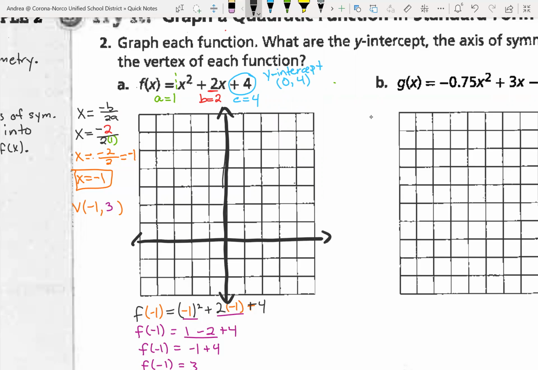The a value is positive and my vertex is at negative 1, 3. So most of my parabola is above the x-axis. So I need to show some room there. So I'm going to graph where x is negative 1 and y is 3, 1, 2, 3. That's my vertex.